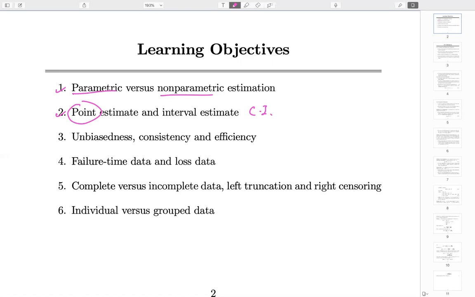So that's an interval estimator. Somewhat more theoretical is part 3 here. It's about unbiasedness, consistency, and efficiency. Those are the properties of estimators. So those are some measurements of how good the estimator is, once you construct one.